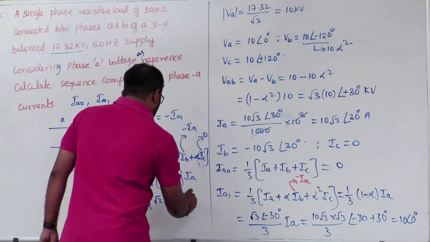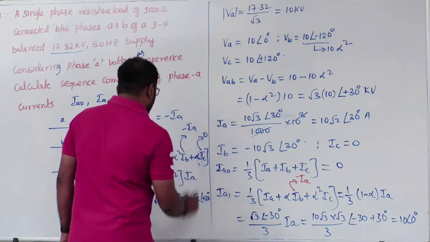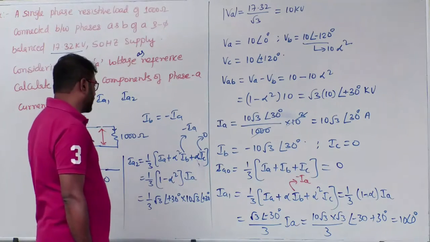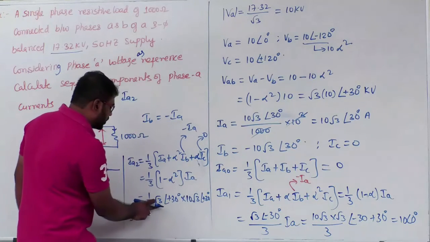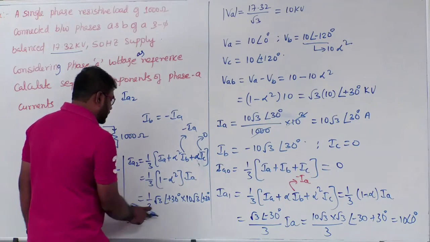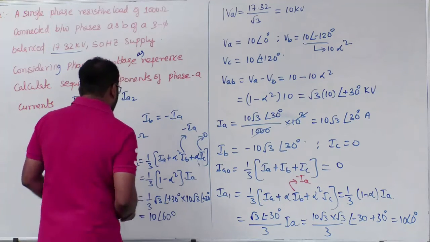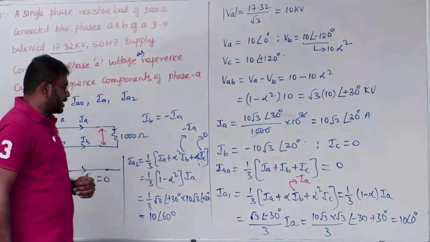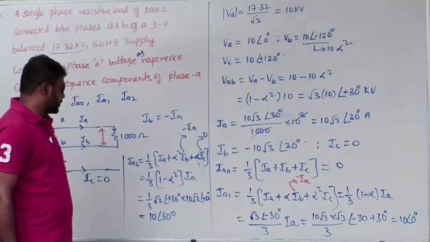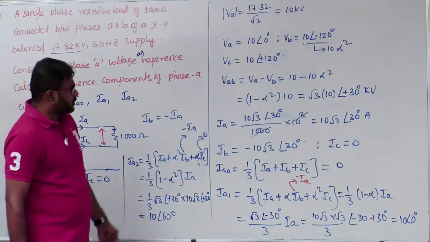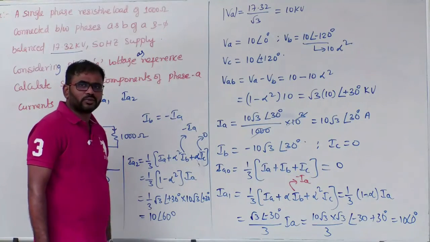IA value is 10 root 3 at an angle plus 30. So if I solve this, root 3 and 3 get cancelled, 10 at an angle 60 degrees. That is IA2. So we got IA1 10 at an angle 0, IA2 10 at an angle 60 degrees. And what is IA0? IA0 value is 0. So these are the final answers.